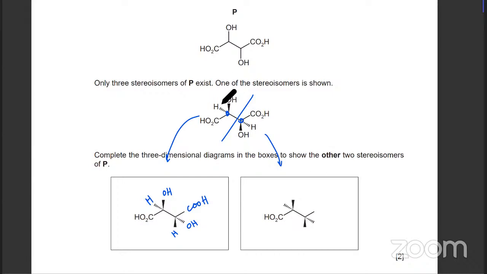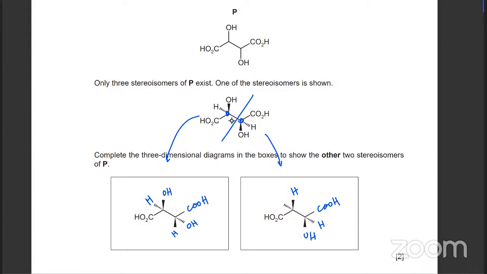Now in the other one, I'm going to mirror the other side. Let's keep this side over here, the H over here. The OH is at the same spot, but I'm going to mirror the other side. So if I want to mirror the other side, you've got a COOH. The H will be over here. Remember, mirroring can happen in many ways. Like over here, what I'm trying to do is that H is right now pointing into the board.